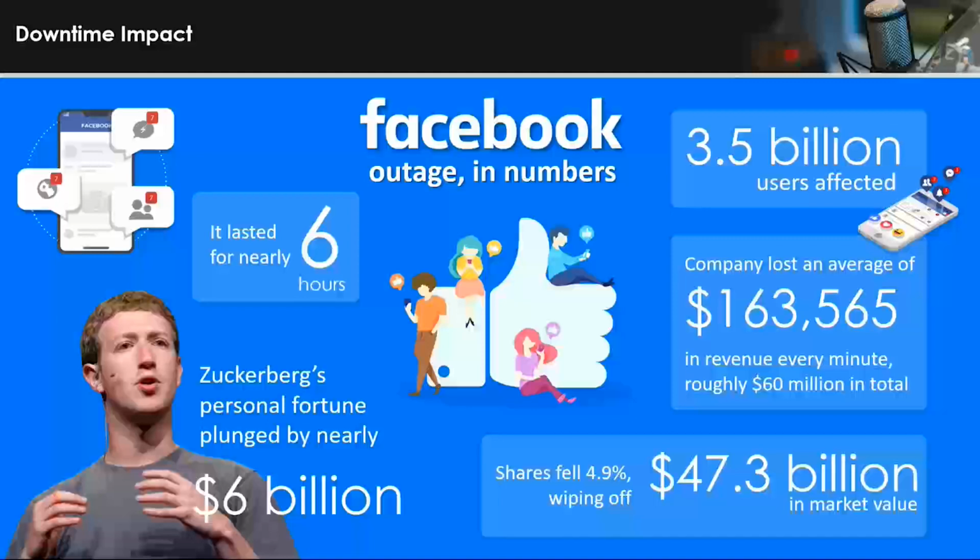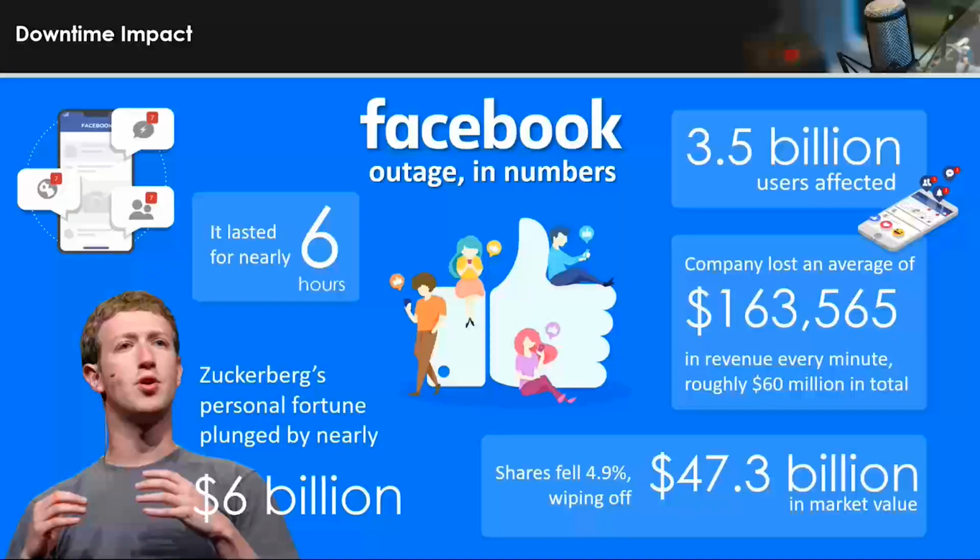It also had a huge impact on Mark Zuckerberg's personal wealth. Close to 6 billion was lost due to a sharp 5% decline in Facebook stock. That's the kind of impact any company sees if they hit downtime, not only in terms of revenue and user experience, but also in how quickly the system can jump back.